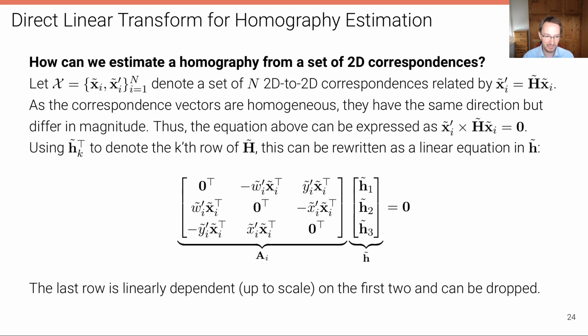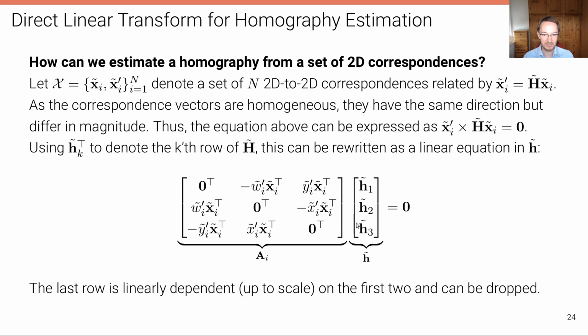Now, using little h tilde k transposed to denote the kth row of H tilde, this can be rewritten as a linear equation in h tilde. And this is what this equation looks like. This is just rewriting this cross product; if you multiply this out, you will see very easily that this corresponds.